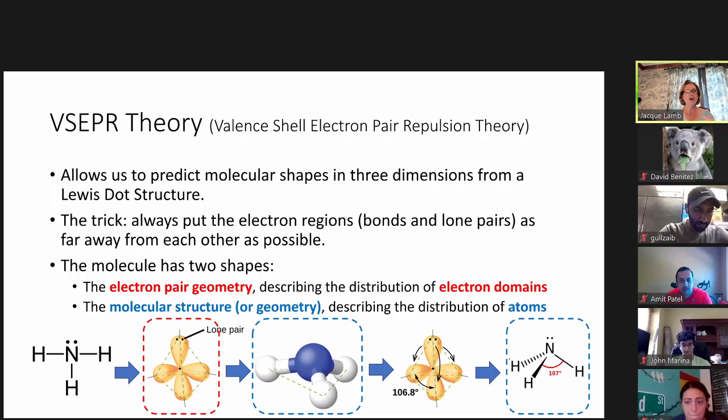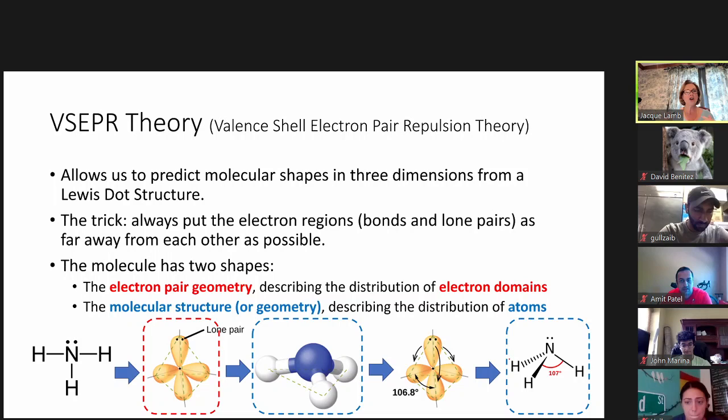And so the molecular geometry is determined by this bonding structure. The electron density influences the structure, but it's not part of the molecular structure. It's a part of the electron pair geometry, but not part of the molecular geometry.